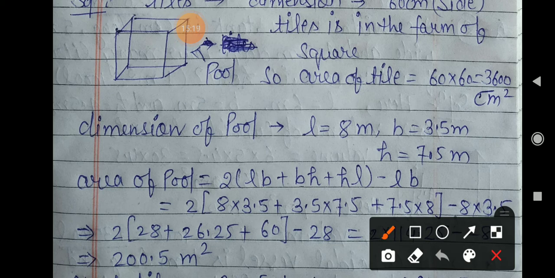Side into side. So this value is 60 into 60, because the side is given 60, that's mean 3600 centimeter square. This is a area of a tile, because it will give the side in the form of 60 centimeters. So the area is in the form of 3600 centimeter square.